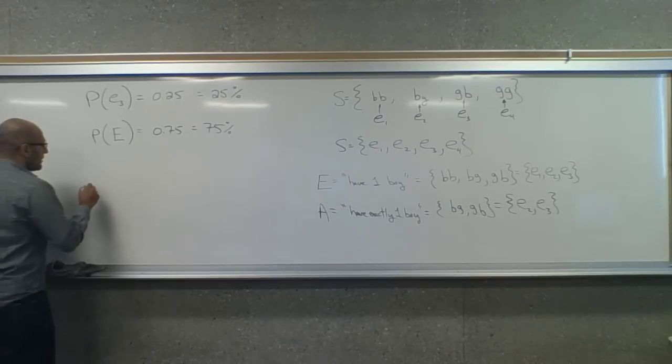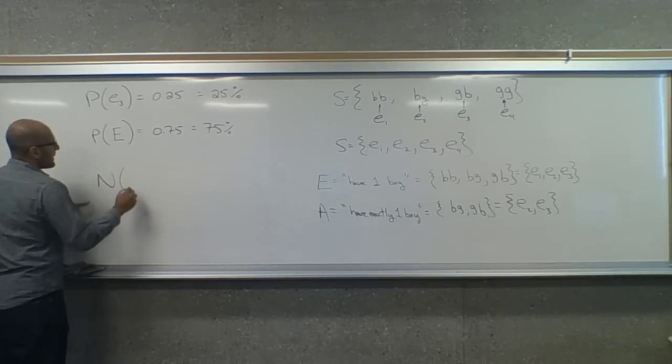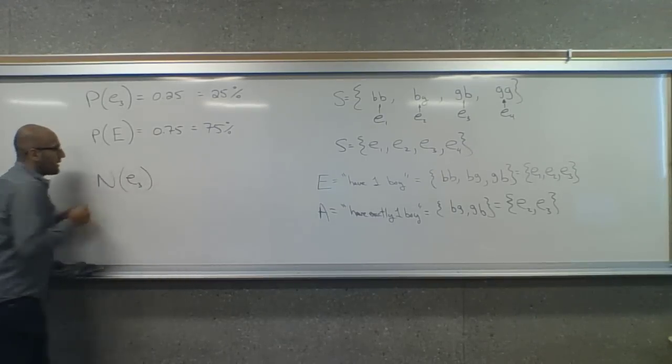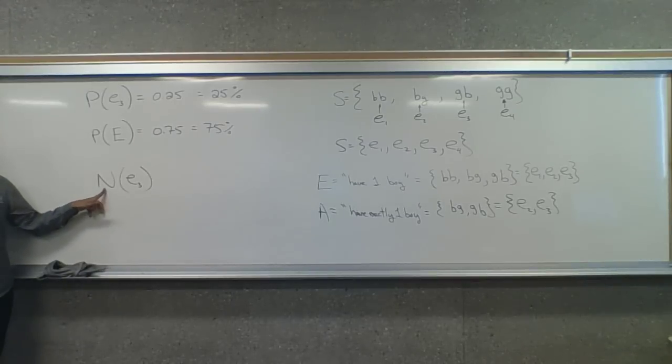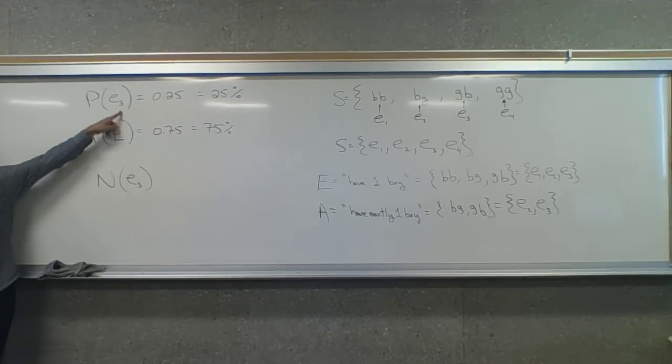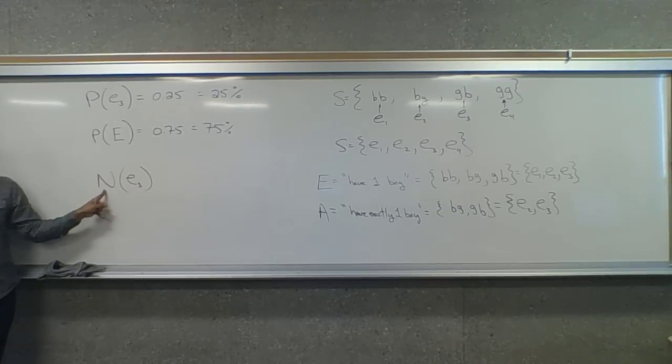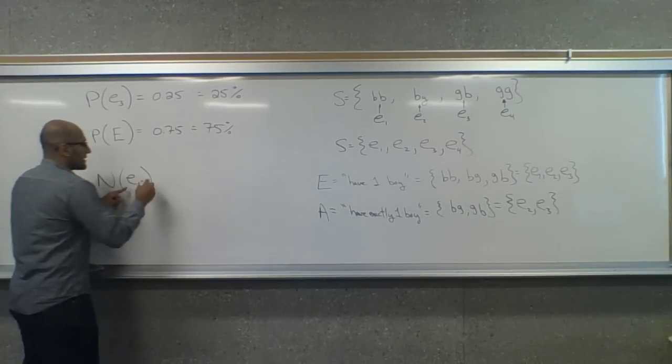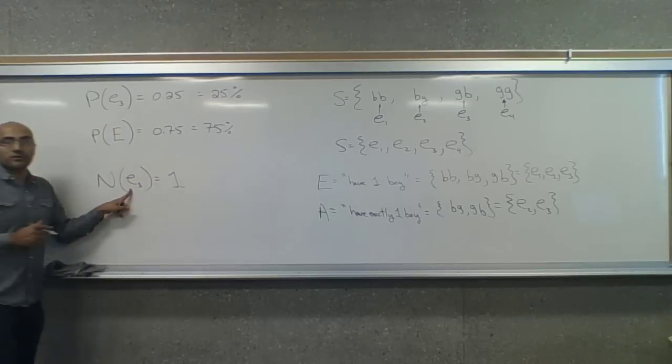On the other hand, capital N is used to identify the number of things in that event. So this is the probability of that event, where capital N is the number of outcomes in that event. Since this is a simple event, that's an easy answer. There's only one.